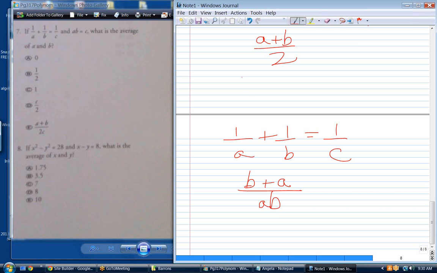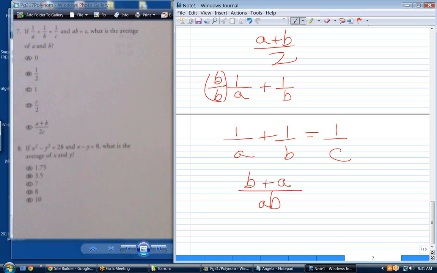Okay, let's go through that just in case you're not clear about it. I can tell my common denominator has to be AB. So in order to get an AB over here, I have to multiply it by B over B, which I'm allowed to do because that's the number 1.